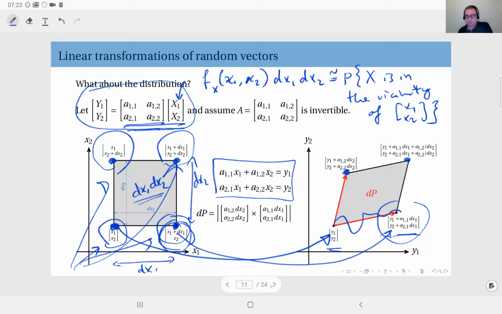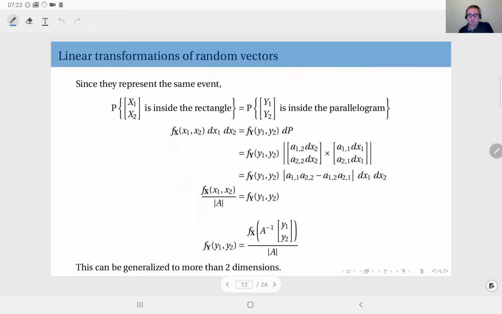Now the basic observation here is that random vector x being inside the rectangular region is the same event as random vector y being inside the parallelogram, which I obtained by applying the transformation to this rectangular region, because essentially they represent the same outcomes.